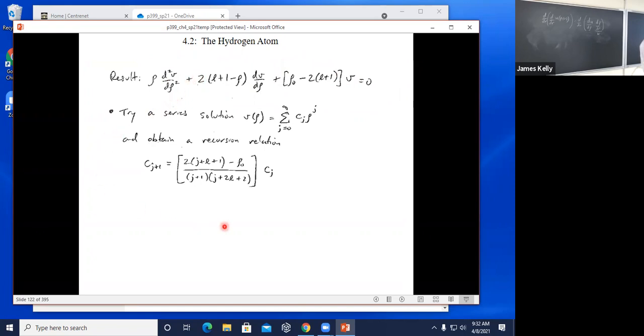And from that, you obtain a recursion relation. In this case, it's not too complicated. It's a first order recursion relation, which means Cj plus 1 is just proportional to Cj.